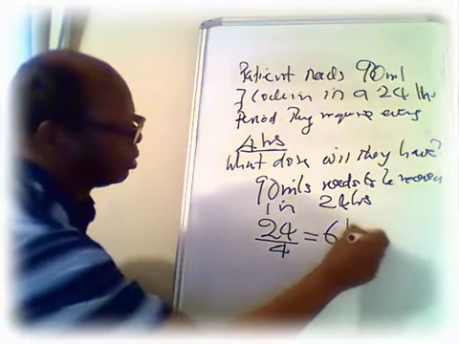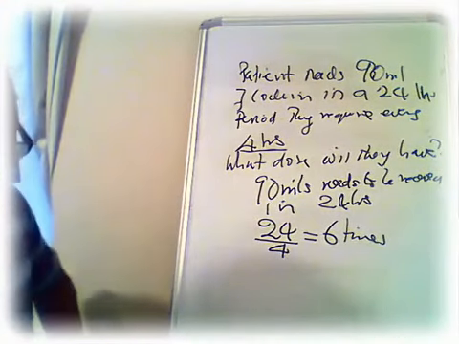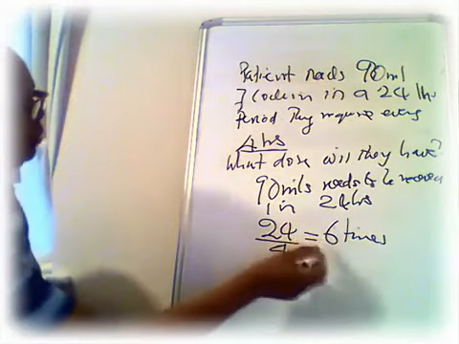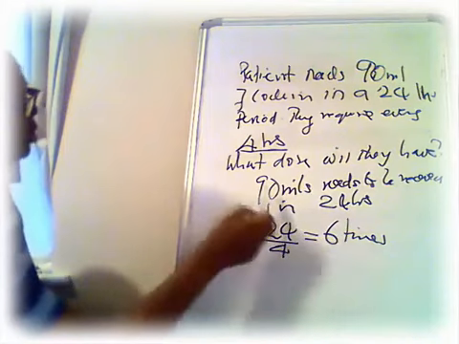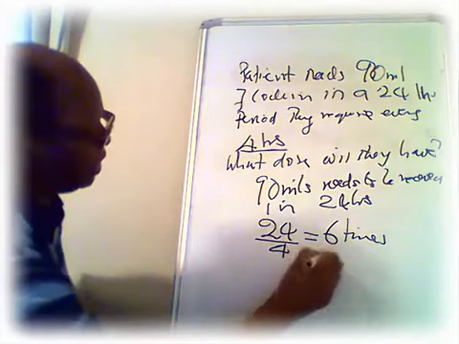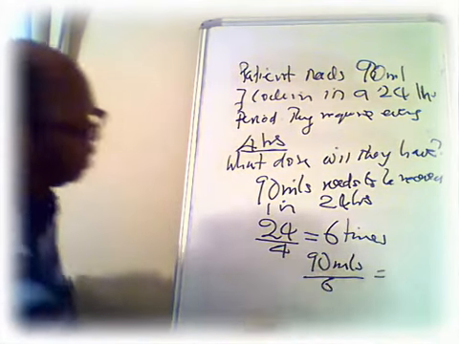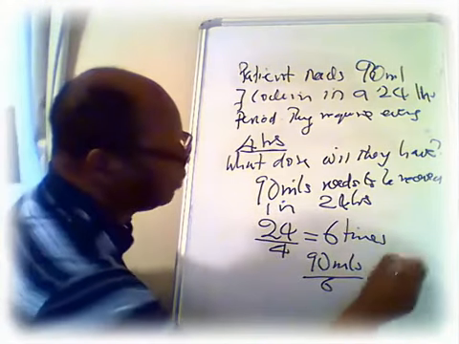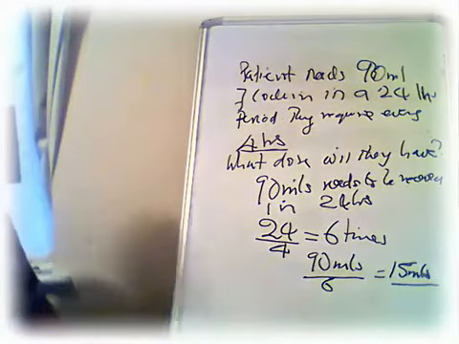Okay. Now, to find the dose that he will need each time, this needs to be spread over 6 times. So therefore, we need to divide 90 mils by 6. So 90 mils divided by 6, that will give us 15. Yeah. So 15 mils, that's the dose. So he's going to be receiving 15 mils.